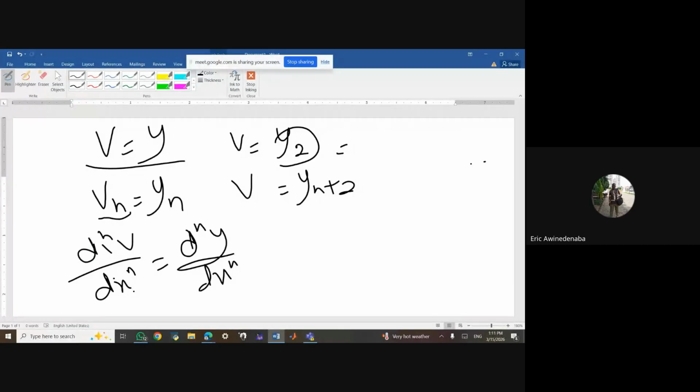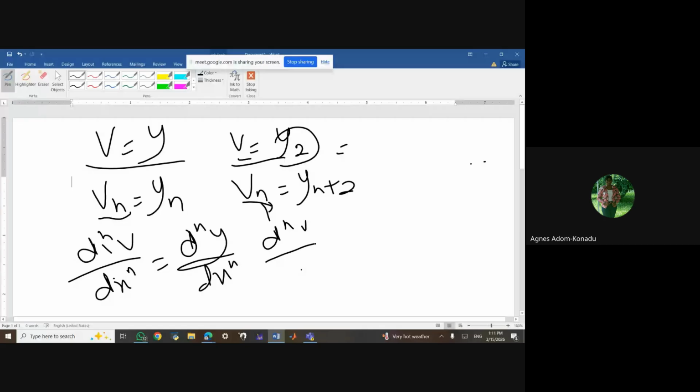If this is my v, then my nth differential is this. And this can be written as d^n v over dx^n, which is the same as d^(n+2) y over dx^n.